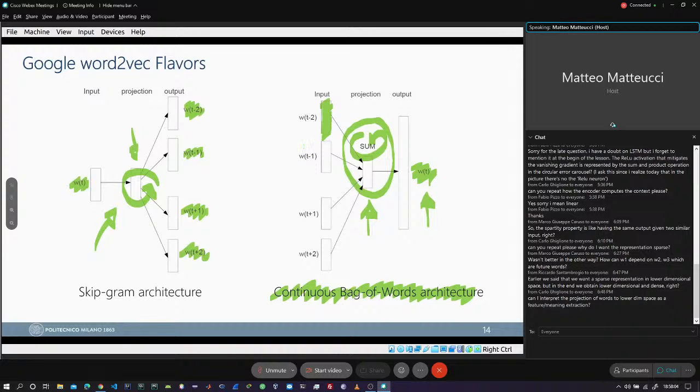So there is a semantic connection between these two. Think about two different words which are surrounded by the same set of words. Most likely, they will mean the same thing.